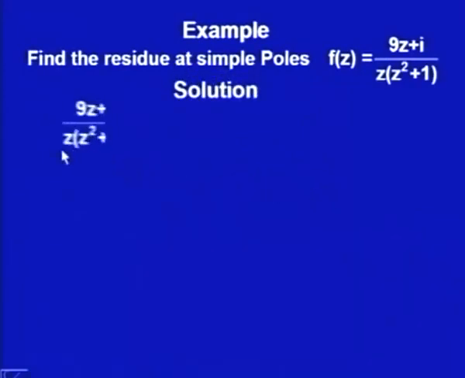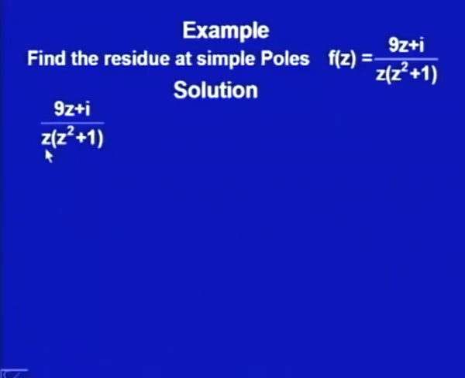The function is of the form p(z) upon q(z). If I see this q(z), it has zeros at z equal to 0 and z equal to plus and minus i. All these zeros are simple zeros.